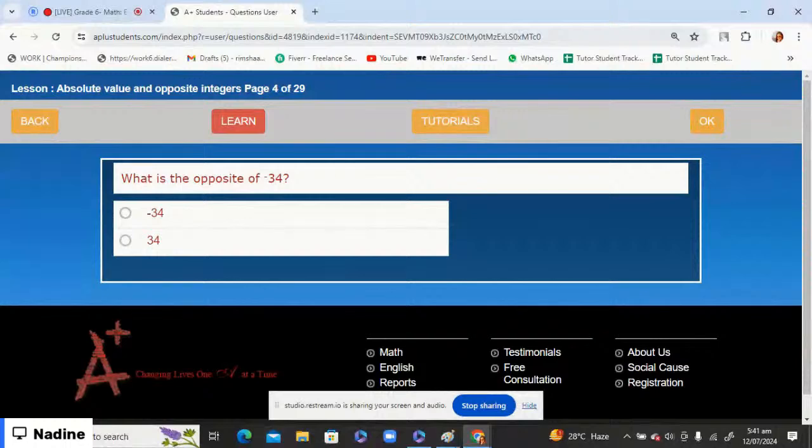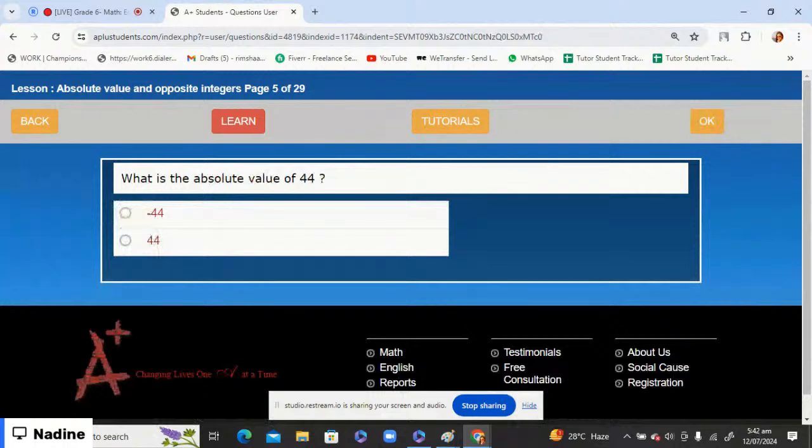Opposite of negative 34. Tell me, everyone, what's the answer? It's plus 34, okay? Good, everyone.